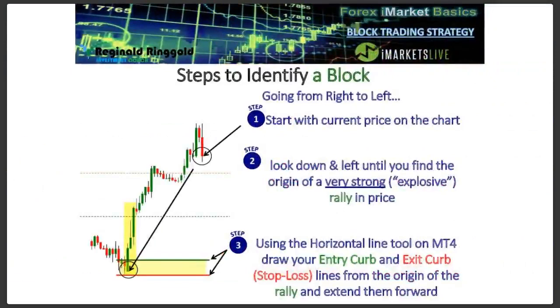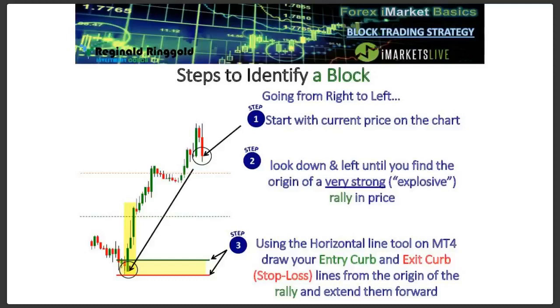Now, once we've identified the block, you want to make sure that you identify your entry point, the curb line, so to speak, and the exit point, the exit curve. You then start with current price, you look down and go to the left until you find a very strong explosive move.